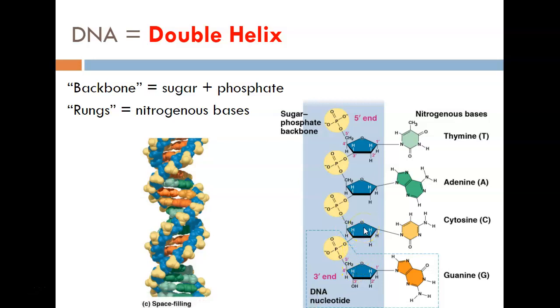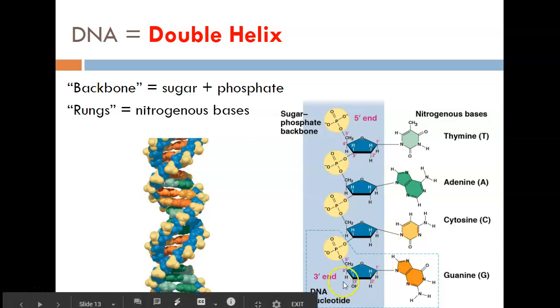And it's important to know that the sugar, you can see that it's a 5-ring sugar, is deoxyribose. So it's ribose because it's a 5-carbon sugar, but it's called deoxyribose because it is missing an oxygen that ribose has.